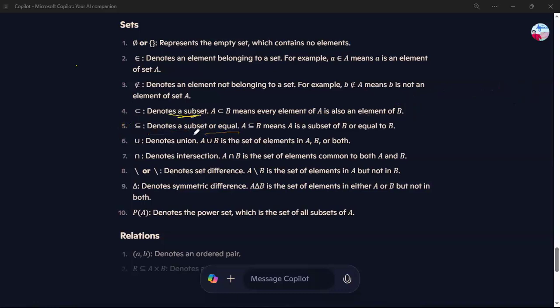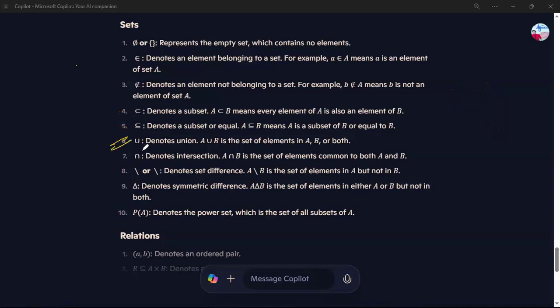This also denotes a subset, but here we have also considered the equality condition. It means that A is a subset of B or A is entirely equal to B. So if it is the case, A is the same set and B is also the same set. Clear the difference? Any doubt? No doubt, sir.